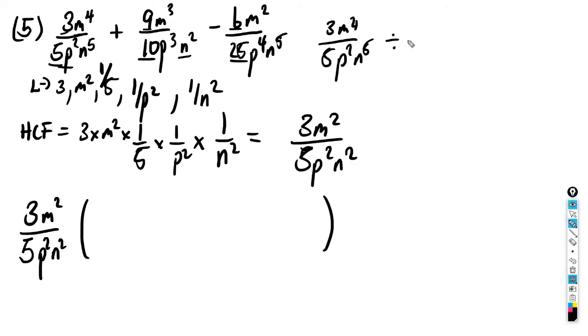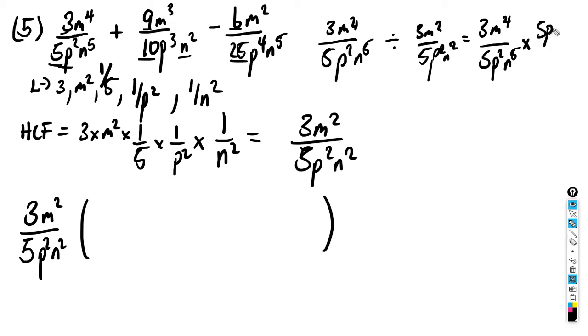If we divide it by the 3m squared over 5p squared n squared, this will flip, and we're going to end up getting 3m to the 4th over 5p squared n to the 5th multiplied by 5p squared n squared over 3m squared, right?